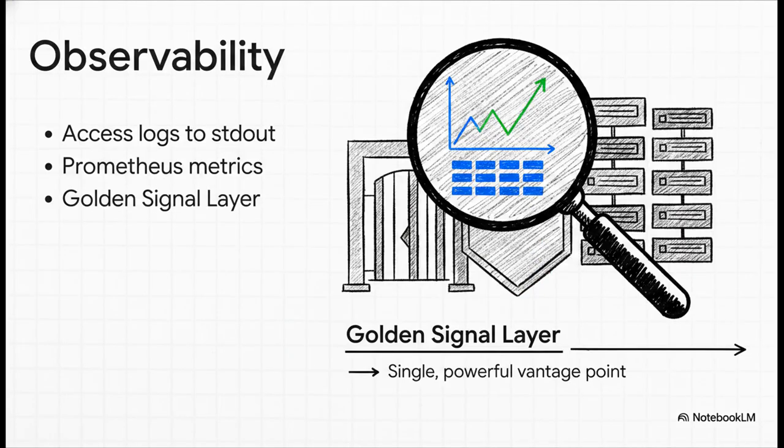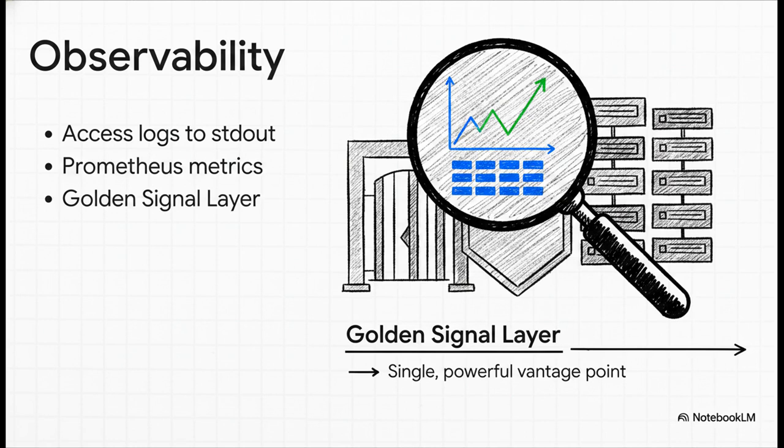Finally, the boss stage. Level 7, Observability. Look, you simply cannot debug or optimize a system you cannot observe. It's impossible. The Gateway API emits structured access logs right to standard out, capturing everything. Paths, status codes, response times, the whole shebang. It also exposes Prometheus metrics, giving you real-time counters and histograms.